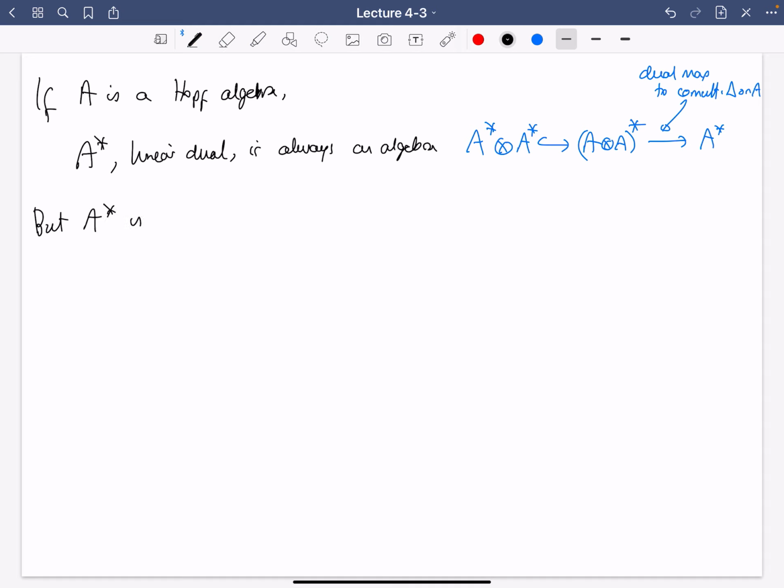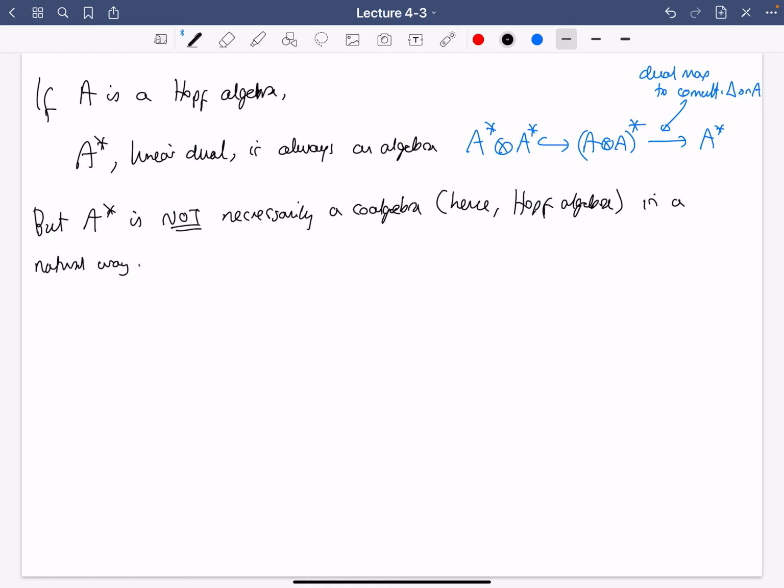But A star is not necessarily a co-algebra or Hopf algebra in a natural way. So the problem here, you see, if you try and do this, so you make A star into an algebra by dualizing the co-algebra structure on A. You think you might be able to make A star into a co-algebra by dualizing the algebra structure on A. But if you want to do that, what are you after?